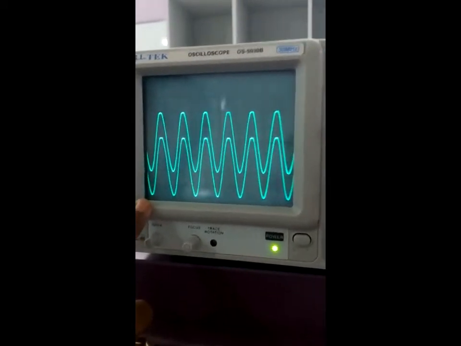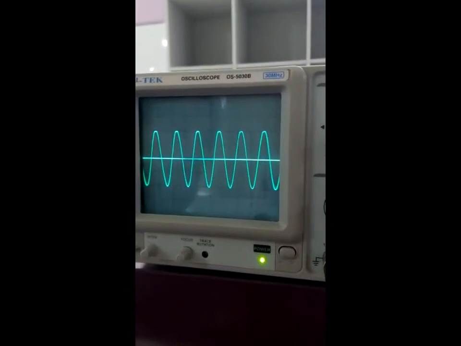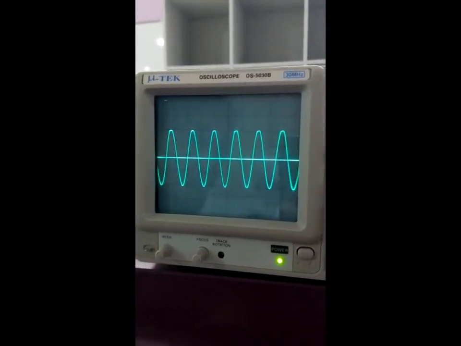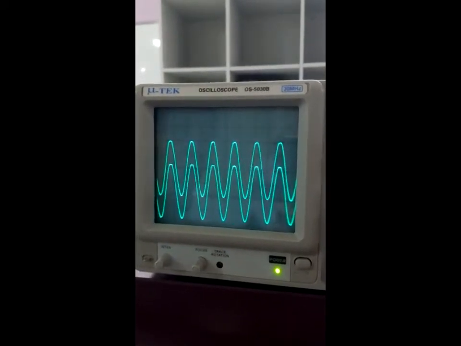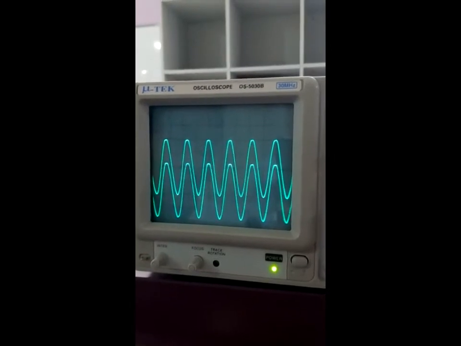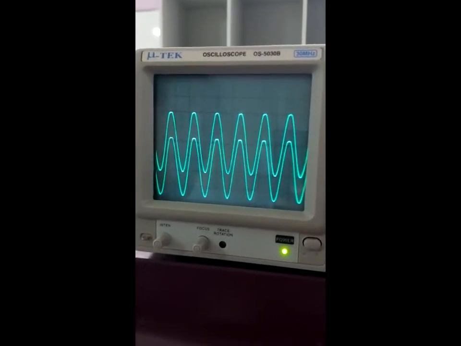We can infer the output waveform is shifted or clamped below the reference line in the negative region. So this is the configuration for the negative clamper circuit.